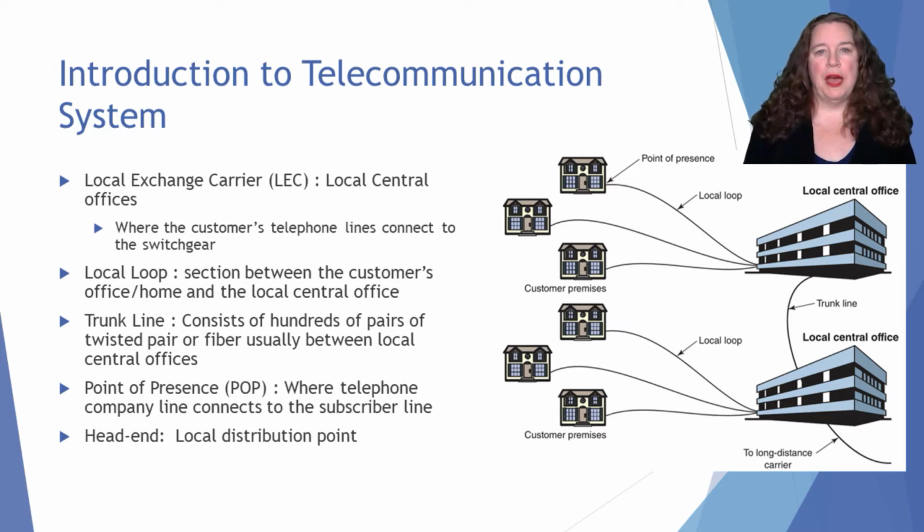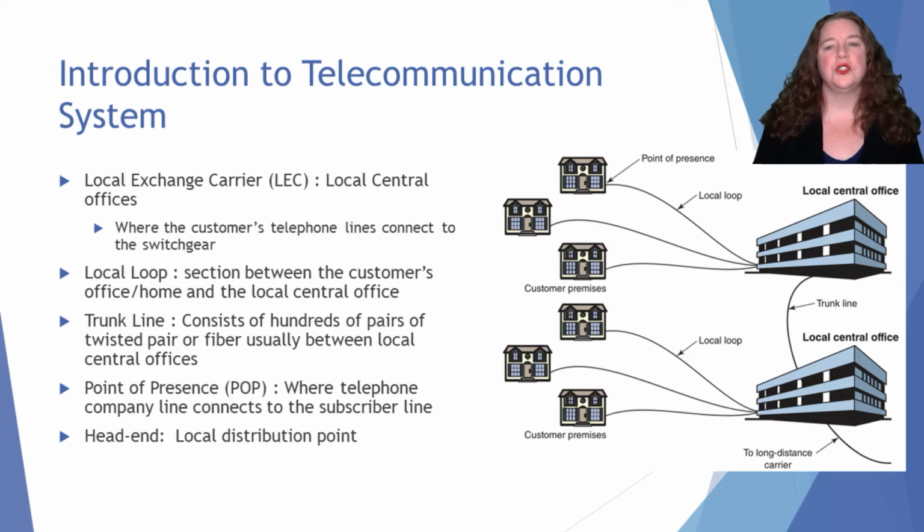When we talk about our telecommunication system, we have the head end, which is that local distribution point. In that point where it starts to distribute to multiple locations, that's going to be called the head end, where all of those homes connect to a single point.